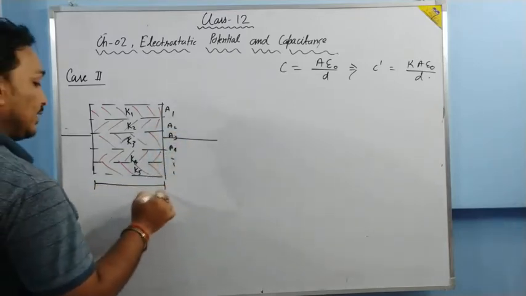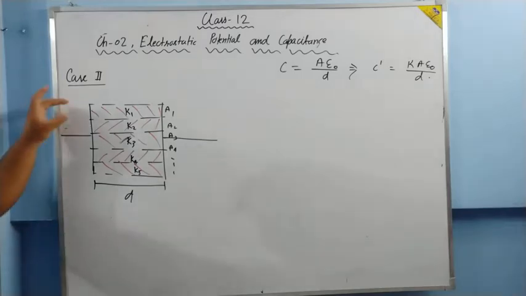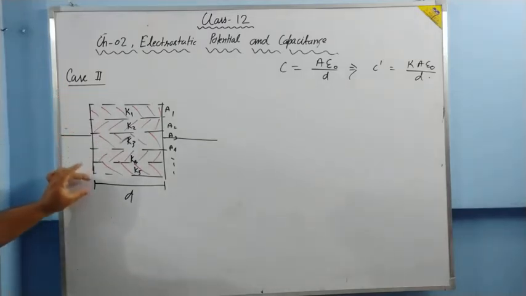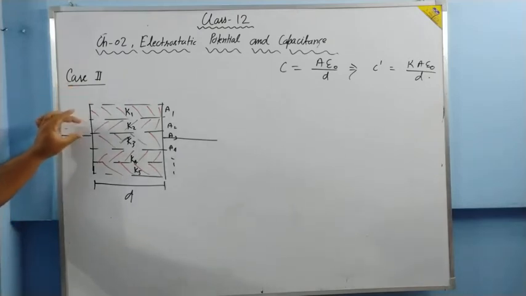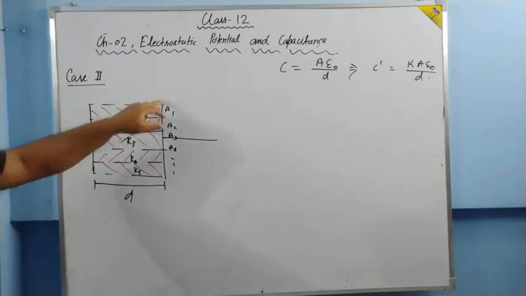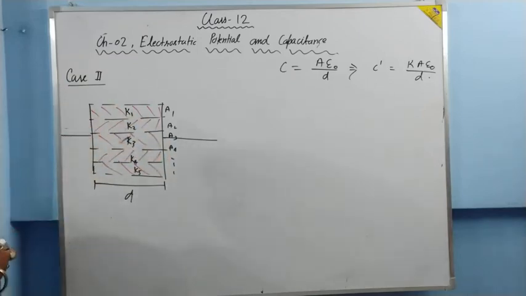But what will be the same? Thickness. This time they can be assumed as parallel because all this side of the capacitor is connected to this point, all this side of the capacitor is connected to this point. So because of this, we are going to consider them in parallel.